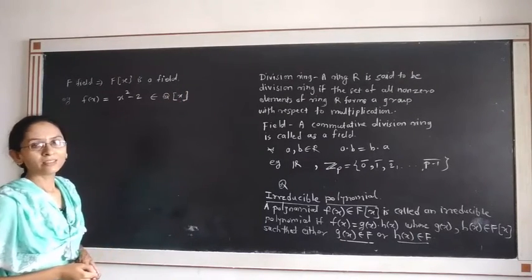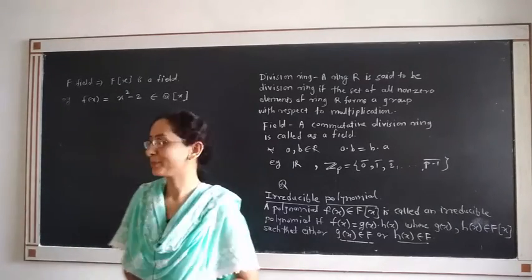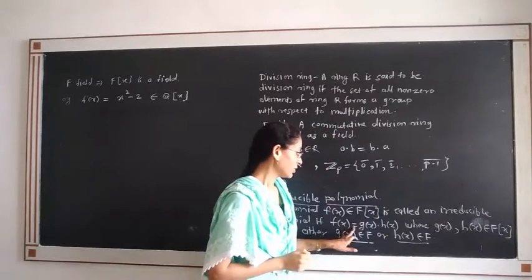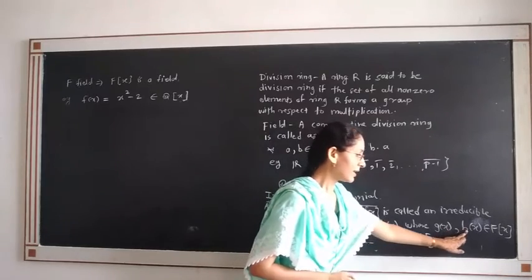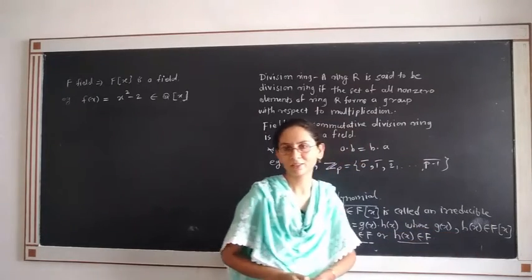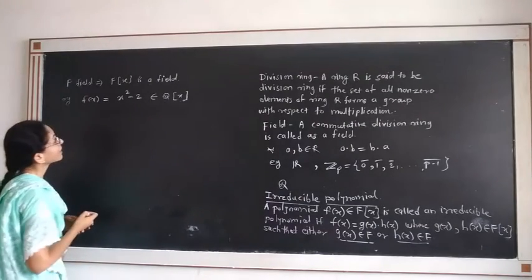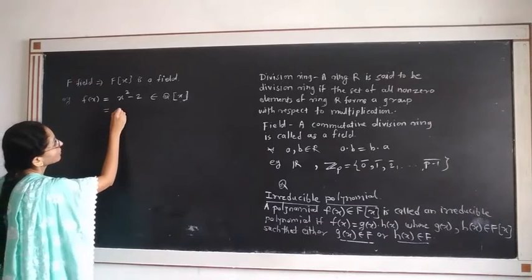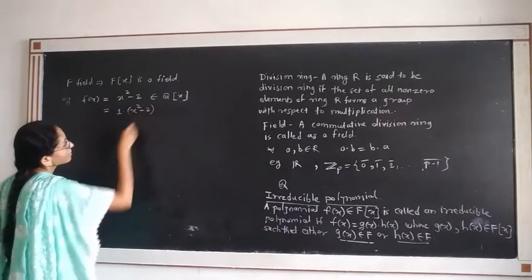Let us check whether the polynomial f(x) is reducible over the field Q[x] or not. Try to write the factors of f(x) like this, g(x) and h(x), provided that both g(x) and h(x) should be from the field F[x]. Now, which is our field? The field is Q[x]. There is only one way to write this polynomial. You can write this as 1 into x square minus 2.